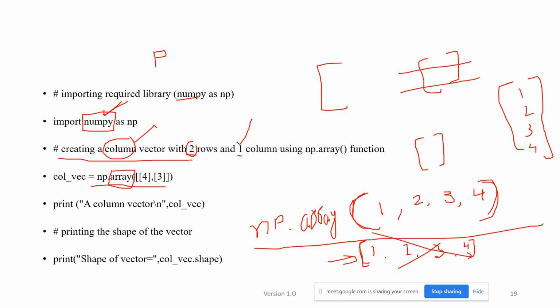Suppose it is having two rows, how are we going to represent two rows? One row is represented with one square bracket, and give the comma. The second row is created with a second square bracket and close the normal bracket. In this second row, you can insert values like 4, 5, 6, 7.